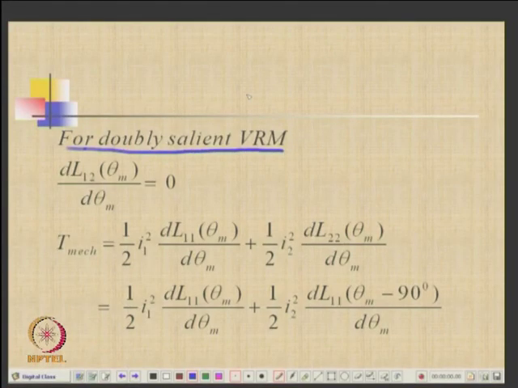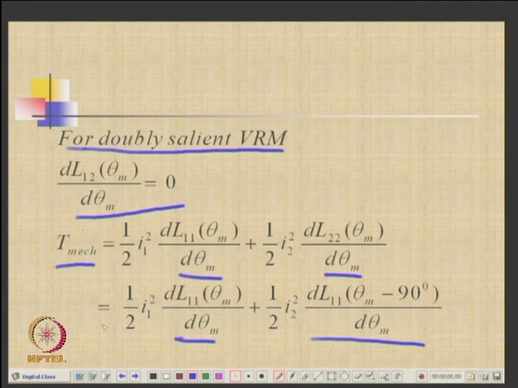So, for a doubly salient machine, dL12 by d theta is 0, and mechanical torque is basically dL11 by d theta and dL22 by d theta.